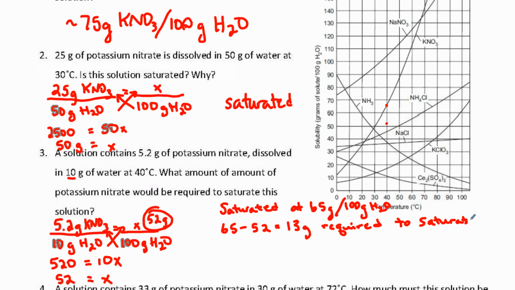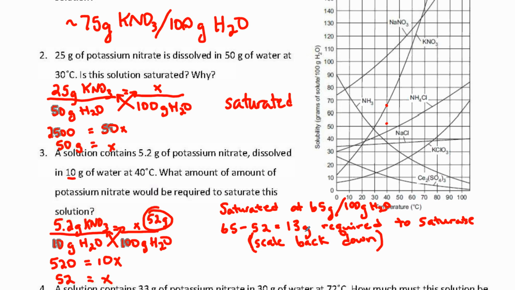Okay, but 13 grams is required if we were dealing with 100 grams of water. In the question, we're dealing with 10 grams of water. So we have to scale back down so that it works for the 10 grams of water that we actually have.